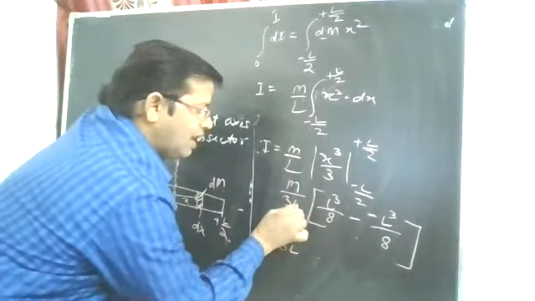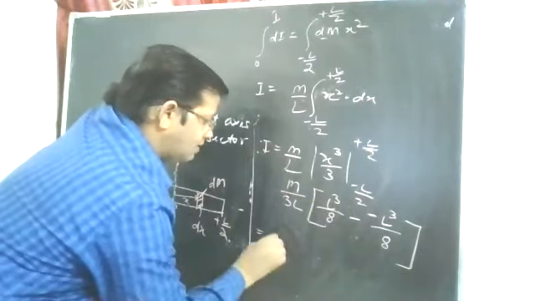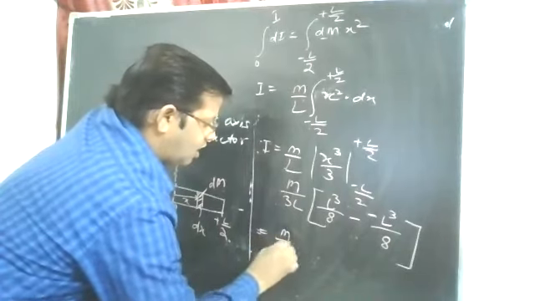If you solve this, m by 3L into 2L cube upon 8, that is 4, 4 times 3 is 12, L cube, L square comes.